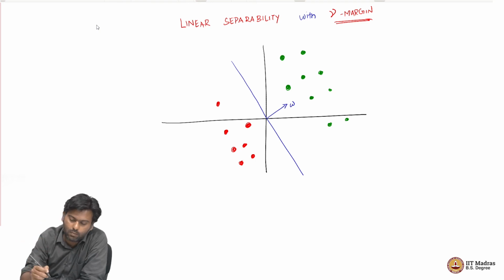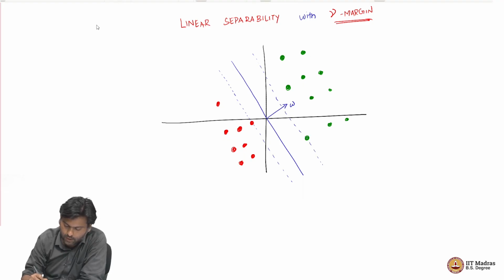What does that mean? It means that I can draw lines which are parallel to the separator. Maybe there's a point here.